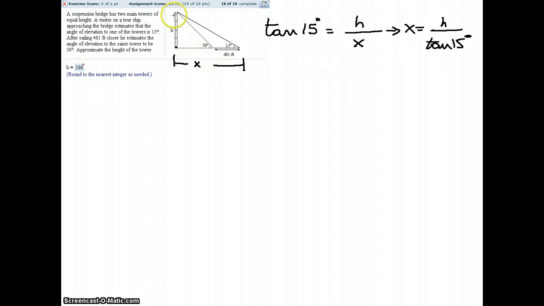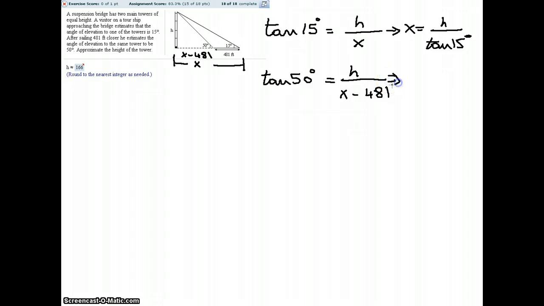My second triangle has an angle of 50, and now of course the distance here is going to be the x minus the 481. So my tangent 50 would be opposite over the adjacent, which is x minus 481.